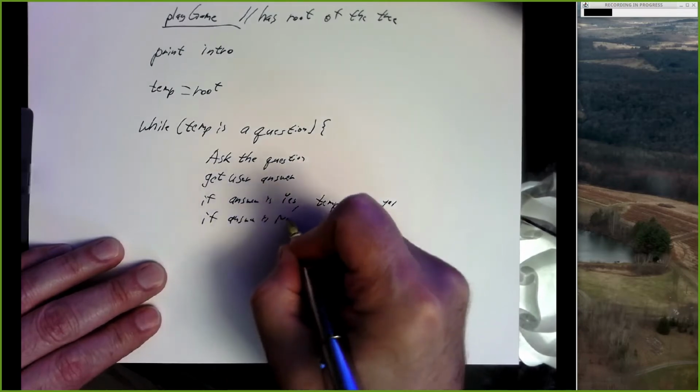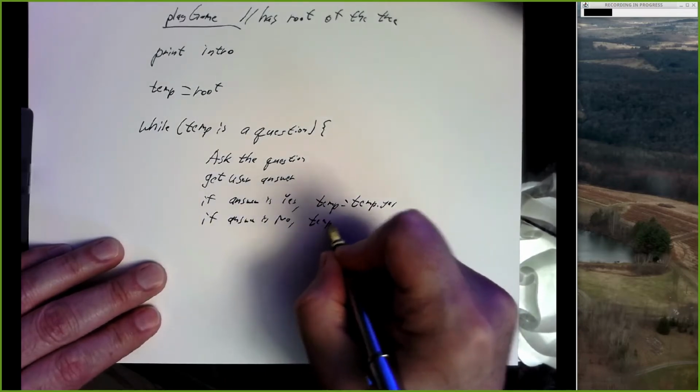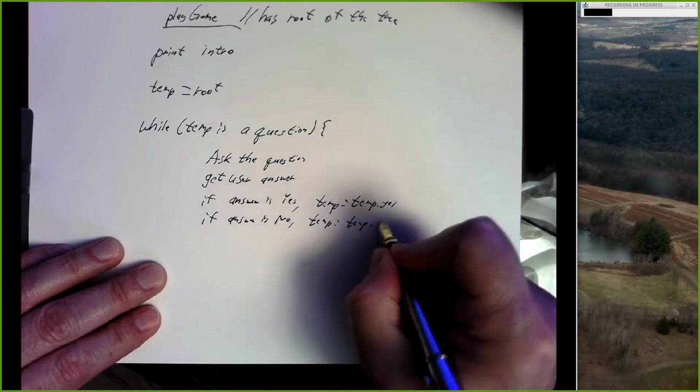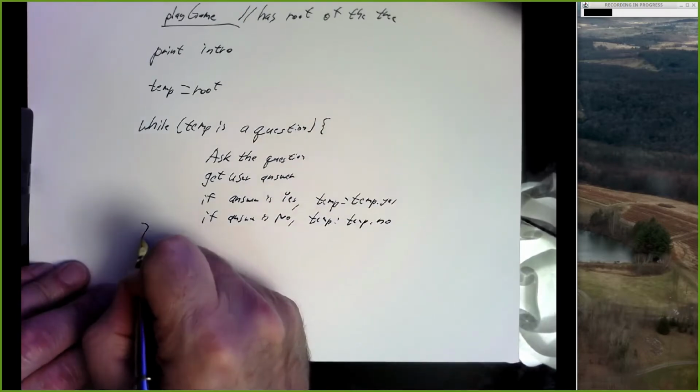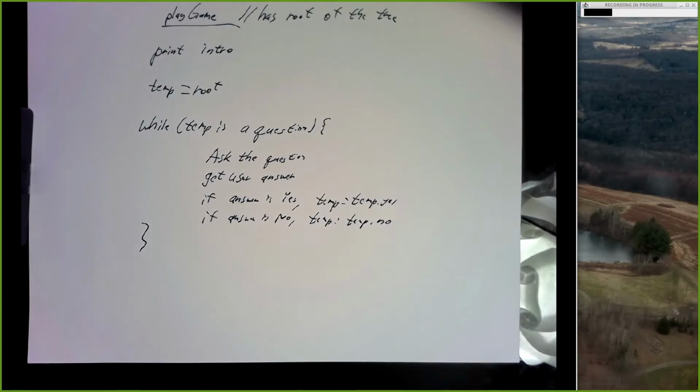If the answer is no, then set temp equal to its no child. And then go back up to the top of the loop. If they say something other than yes or no, don't just assume they said yes, or don't just assume they said no. Either ask them again to say yes or no, or something.